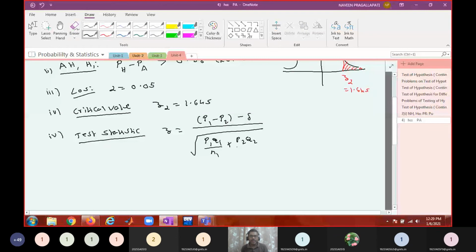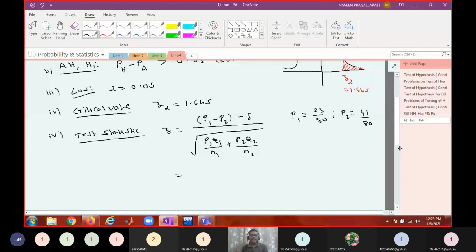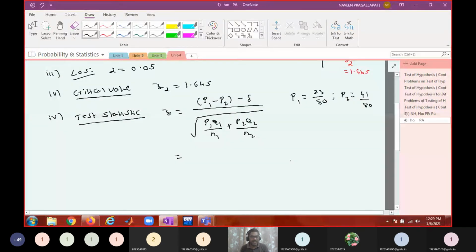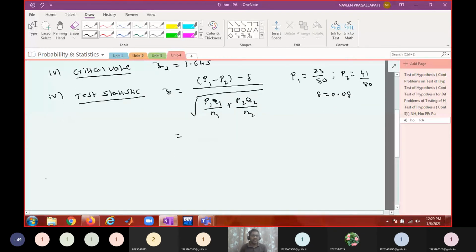In this case, what are N1 and N2? Both are 80. P1 equal to 23 by 80, P2 equal to 41 by 80. This time we are not finding the pooled proportion. We are directly finding the standard deviation of the difference of proportions. Now substitute all these values and delta equal to 0.08, that is 8%, and find the test statistic.